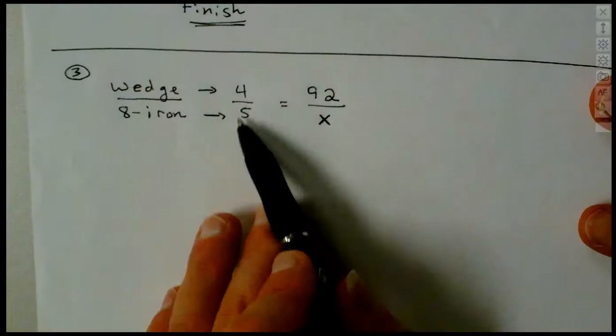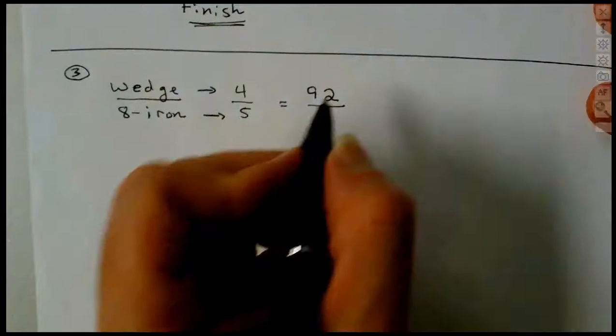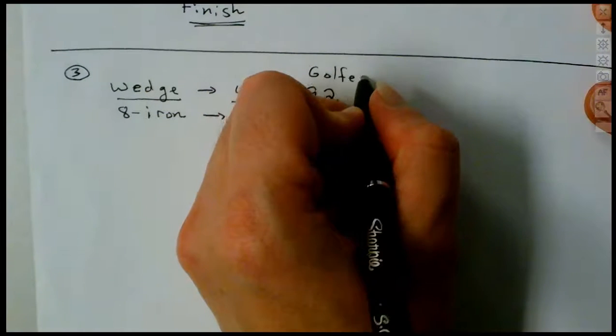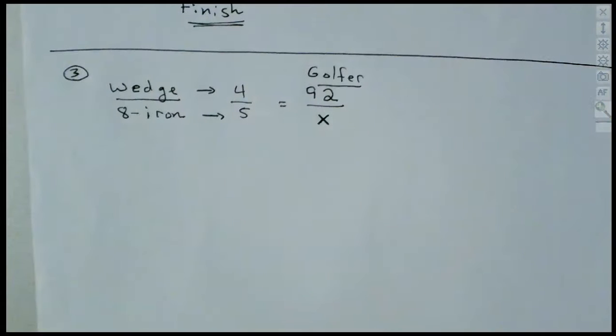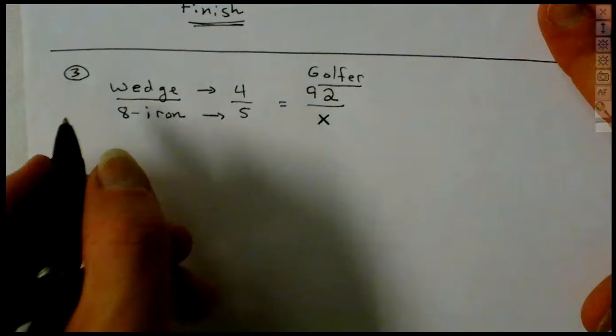So this is our ratio, and this is the golfer here. That golfer can do 92 yards with a pitching wedge. We need to find how far she can go with an 8-iron, so that's going to be our X. And I think you can finish it from there.